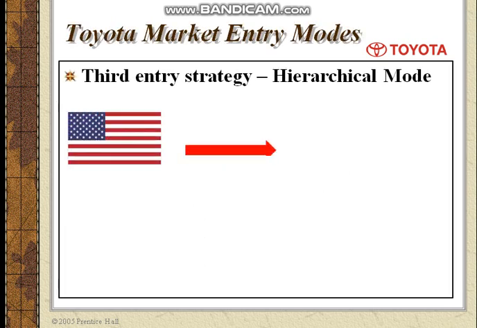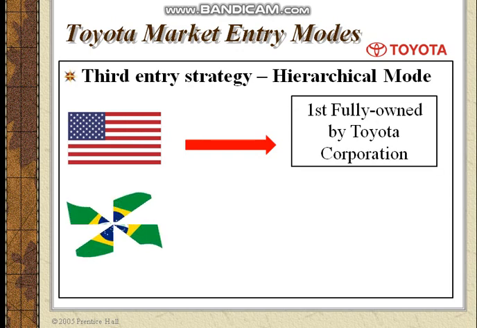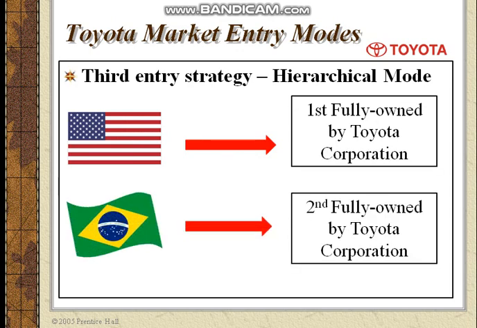Later on, Toyota adopted the third entry strategy, which is the hierarchical entry mode. After the expansion of products to Latin America, Toyota expanded its automobiles to the North American continent, especially in the United States of America, where it established five wholly owned assembly factories.